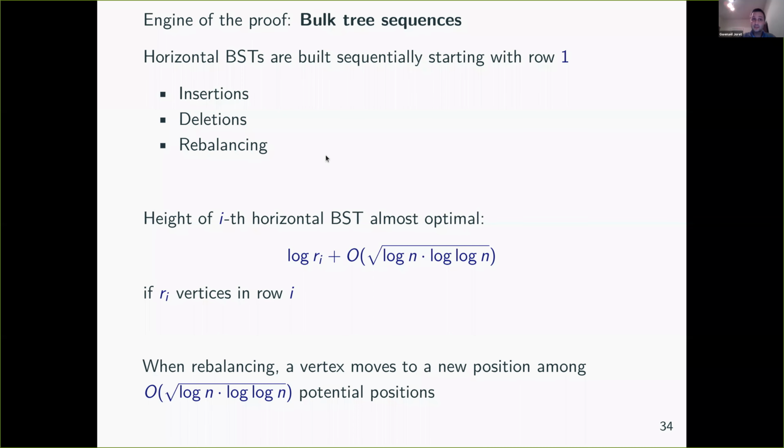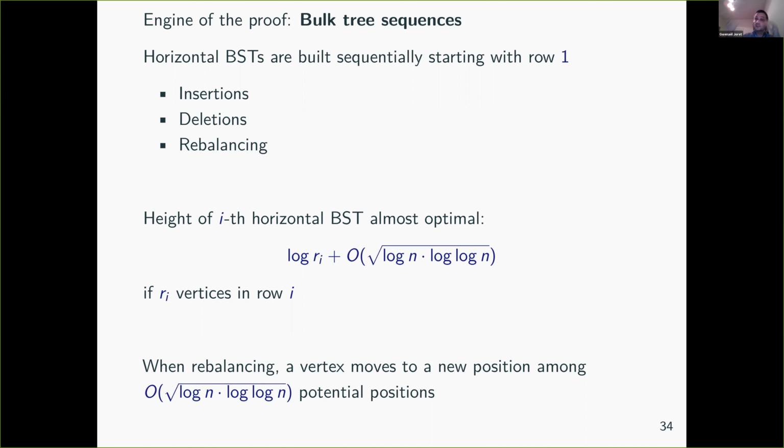There is a lot to say, and that's outside of the scope of this talk, because this is a bit technical. The paper is on arXiv, but this is really what makes this scheme work: we can have these BSTs that, when they go from one row to the next, undergo only minimal changes.